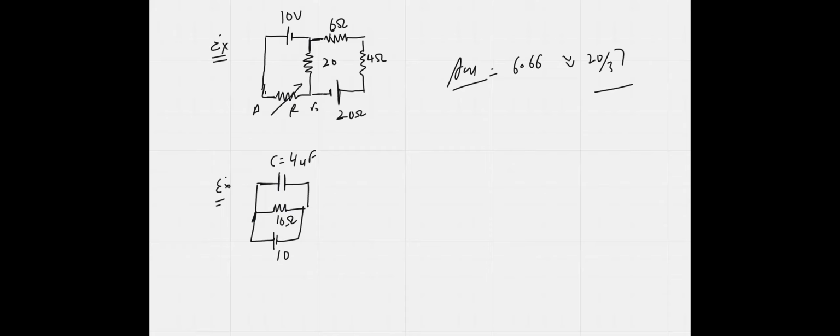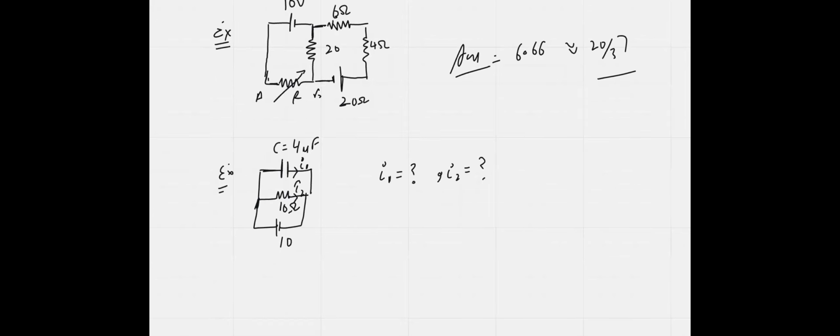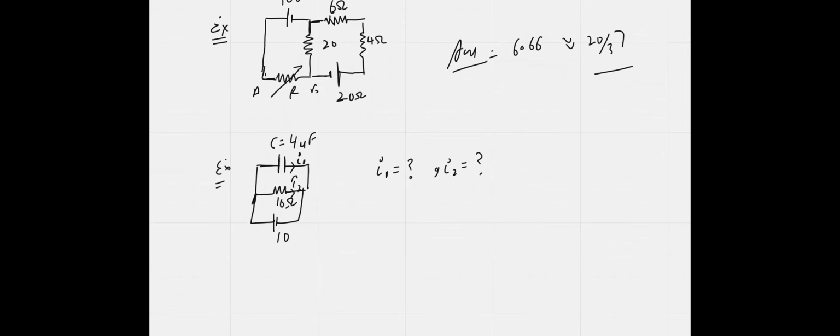Let's say this is I1 and this is I2, and the circuit is kept for a very long time, like the battery is there. After a very long time, what is the value of I1 and what is the value of I2? Can you figure out? If yes, then we'll move to the RC circuit part.